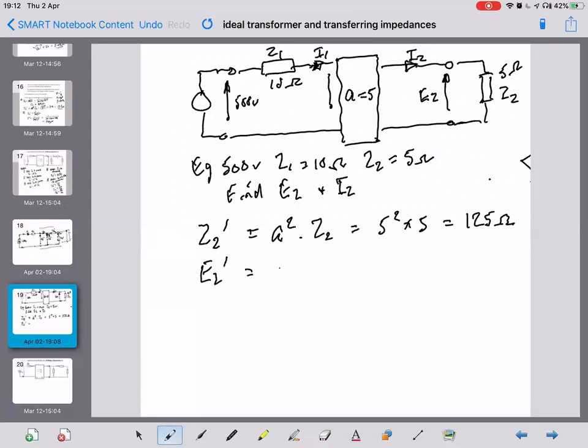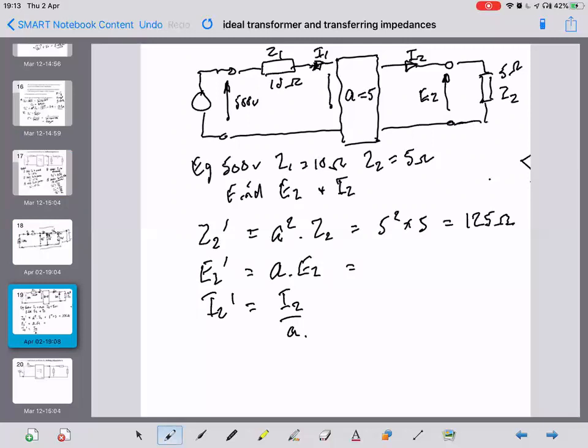That is A times E2. We haven't got a value for E2, but we know that the reflected voltage is going to be the ratio times E2, and I2 dash is equal to I2 over A. Again, at this stage, we don't know what that is. All right, everybody happy with that?